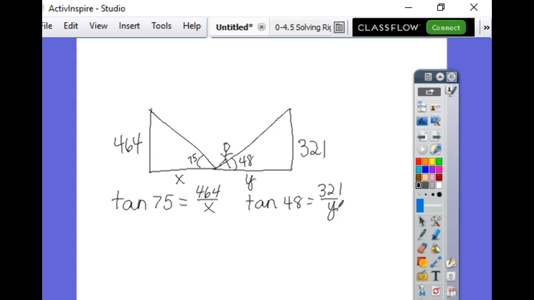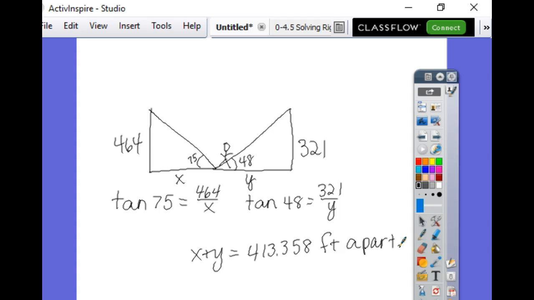So you're going to find x and y, and then you add them together. And when you add them, okay, one last one.